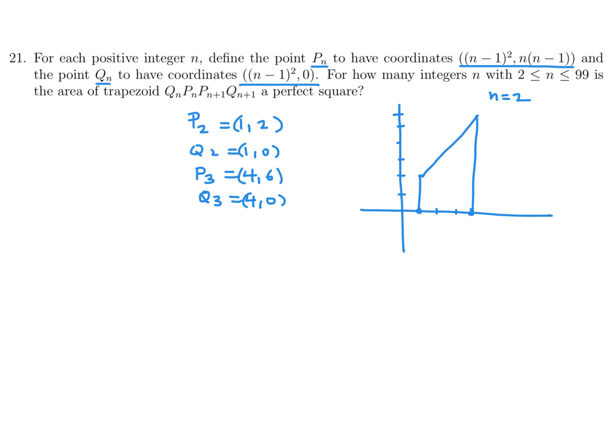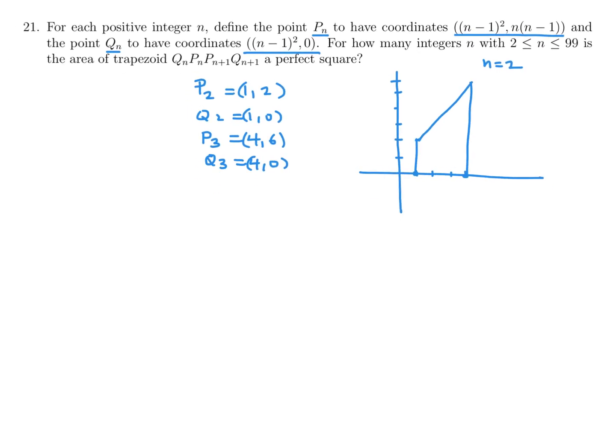Okay, I think I can approach this with the letters. So the area of the trapezoid, let me label this, I think it'll help. This was Q2. This is P2, that point right there. And then this one was Q3, and this guy up here was P3.